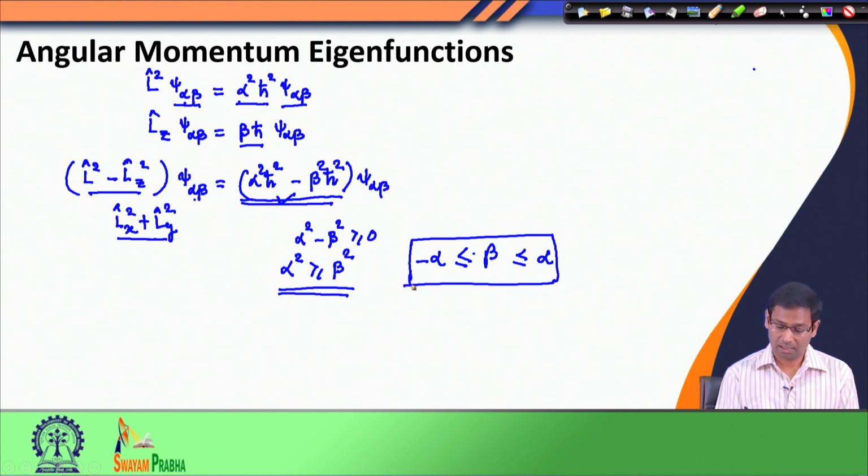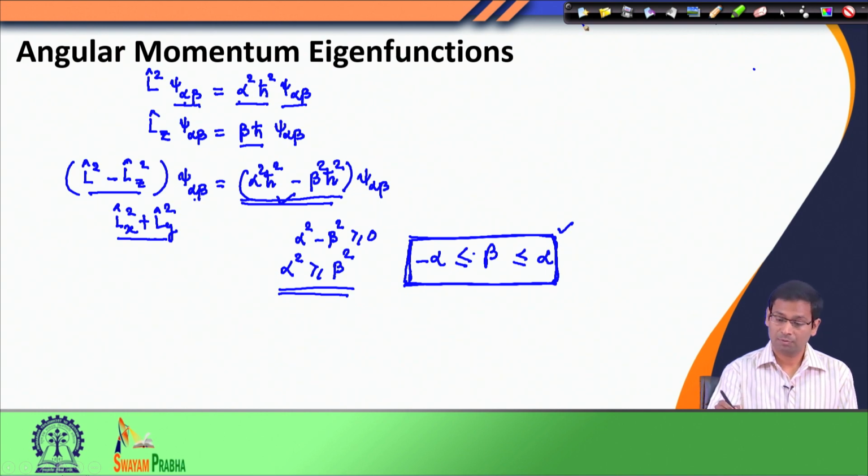You can verify this by taking a small example. For example, 5 square is greater than 4 square, so 4 will be greater than minus 5, but less than plus 5. This relation between alpha and beta comes from the way we have defined this problem. We will remember this relation and come back to it after a few moments.